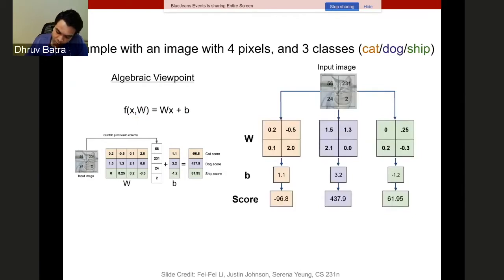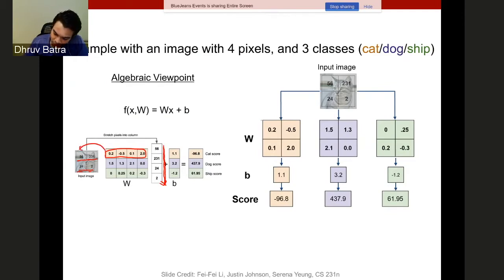At the same time, there are other viewpoints that we can construct. One other viewpoint is, just like images can be rasterized or reshaped into columns, so just like we can take this 2x2 object of an image and construct a long vector, we can actually take each row of W and reshape it into a 2x2 matrix.